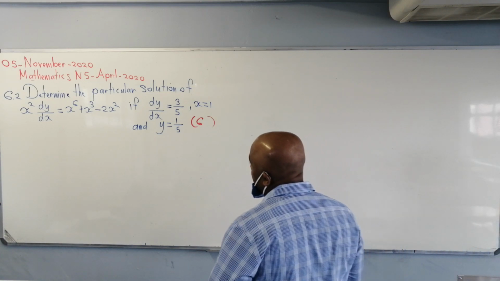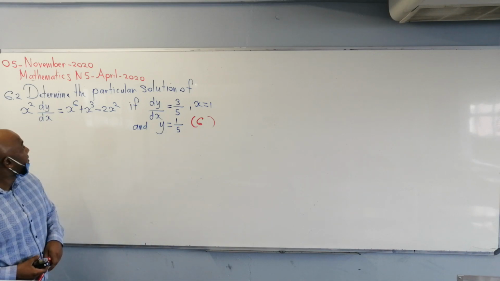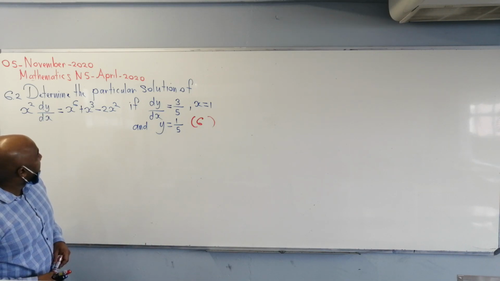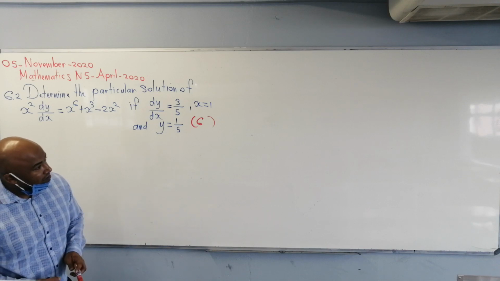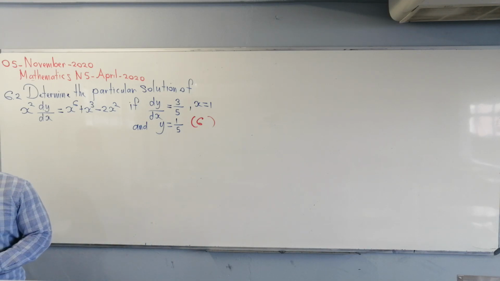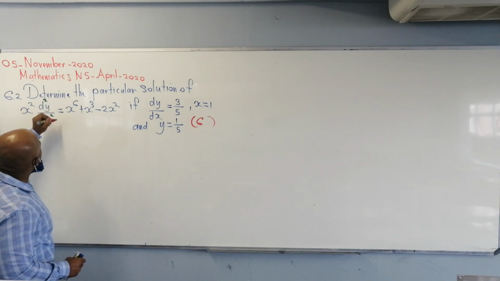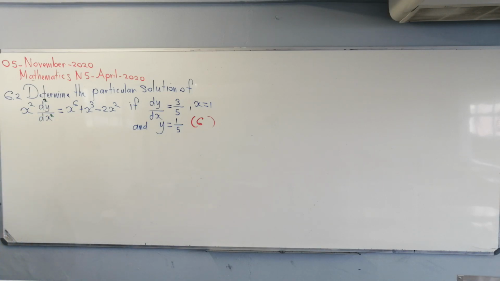Right, question 6.2. So this is a second order. Let me just double check that. My mistake, it is d squared y over dx squared, and I forgot to write down the squared.